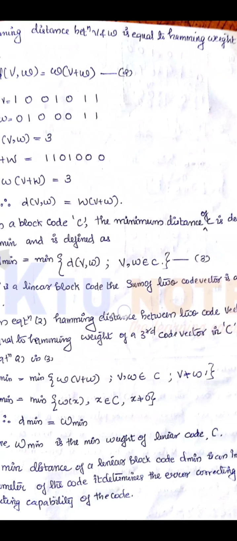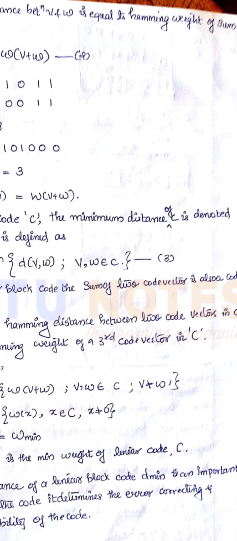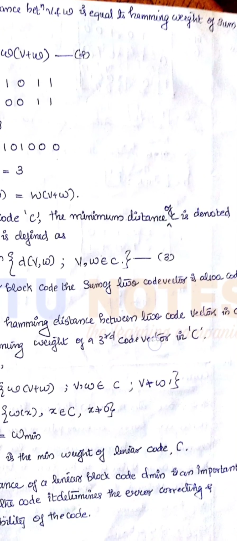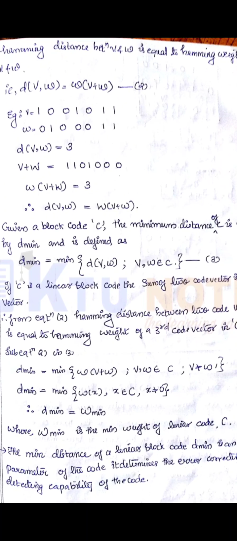Okay. If C is a linear block code, the sum of two code vectors is also a code vector. If we add V plus W, it is a code vector. The sum of the code vectors V plus W is also a code vector.